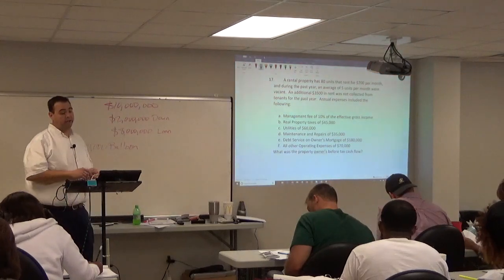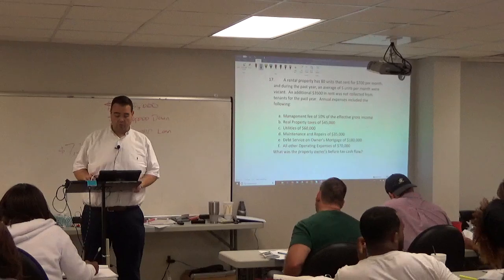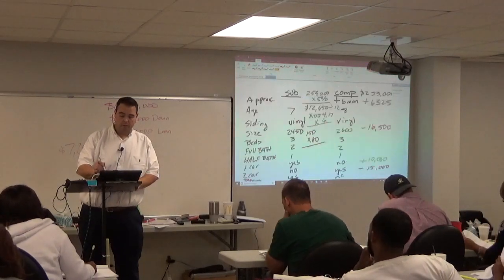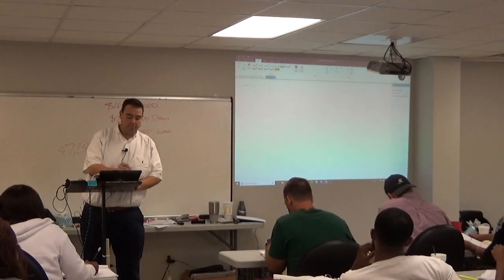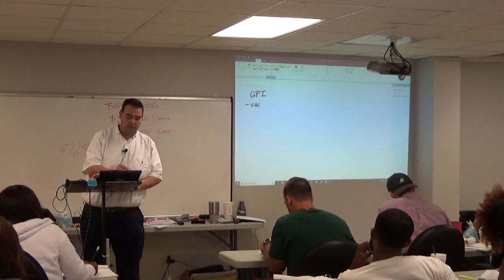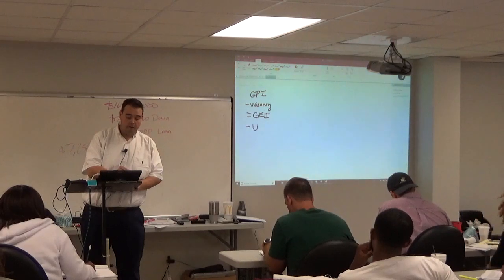All right, let's take a look at it. They just want to know the before tax cash flow. So I'm going to go over here and just make myself a little chart. We start with what? Gross potential income minus what? Vacancy equals gross effective income minus what?